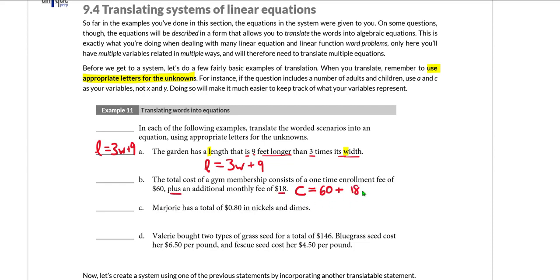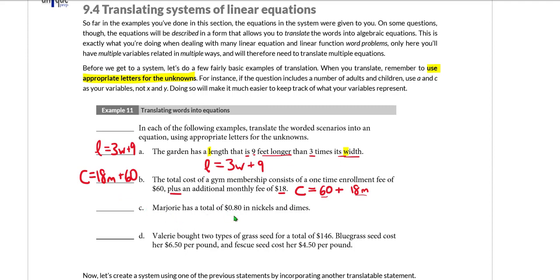So I'm going to do 18 times M, where M is the number of months. If I'm doing this for 1 month, it's $18, 2 months, it's $36, and so on. So I take my enrollment fee, the $60, and add it to that monthly fee, and I get my total cost. So C equals, I'm going to switch this around and do 18M plus 60, just so that the equation is in slope-intercept form.